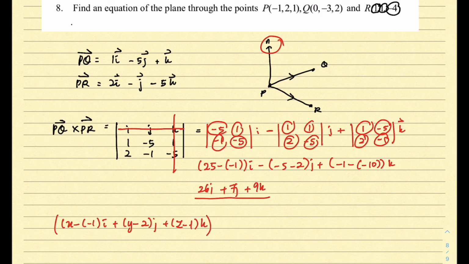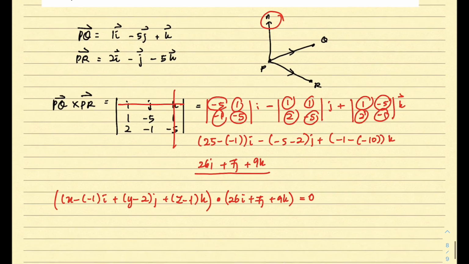If we take the dot product of this vector on the plane with the perpendicular vector, which is 26i plus 7j plus 9k, what you will get in return is equal to 0 because they are perpendicular.